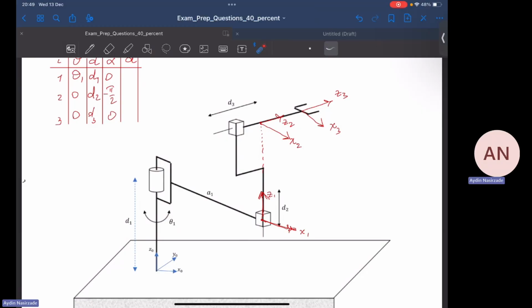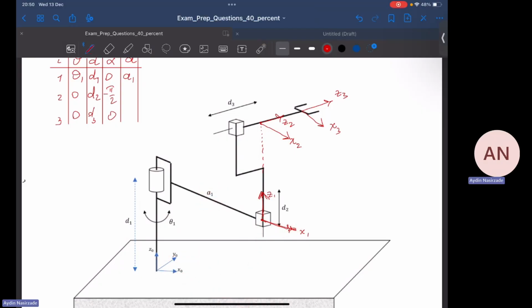The question for A1 is: along X1 in this direction, how much do I have to translate the origin of frame 0 so that it can align with the origin of frame 1? I'm asked about this distance. This origin should be translated by this distance to make it here. The answer is A1.